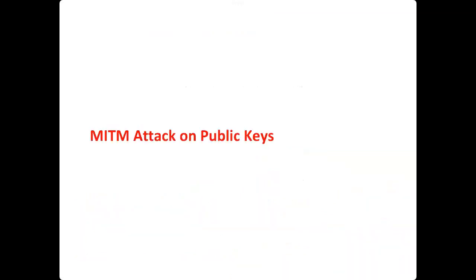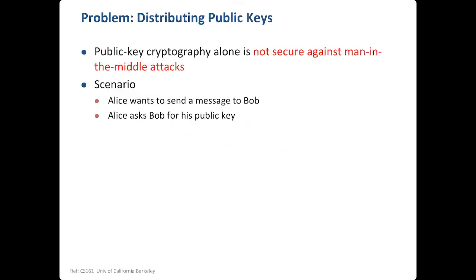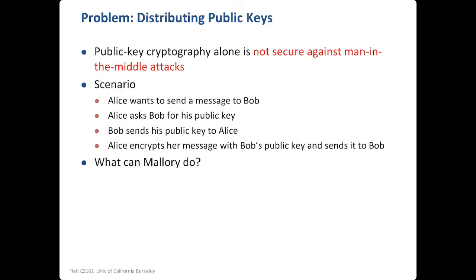The important thing we will try to solve is that the MITM attack, man-in-the-middle attack, is possible with public keys, and for that we also need digital signatures. For example, when Alice wants to communicate with Bob using asymmetric key encryption, Alice needs Bob's public key.